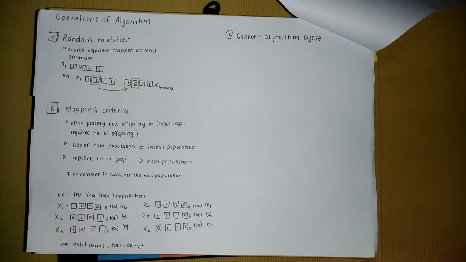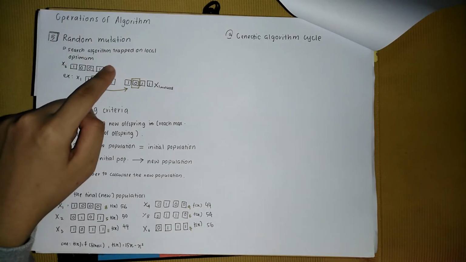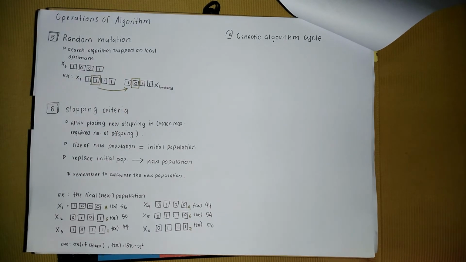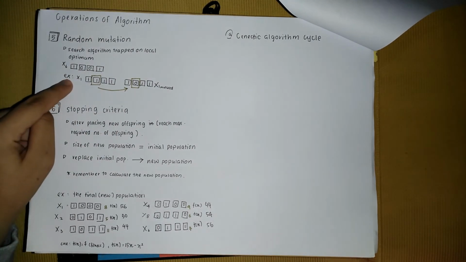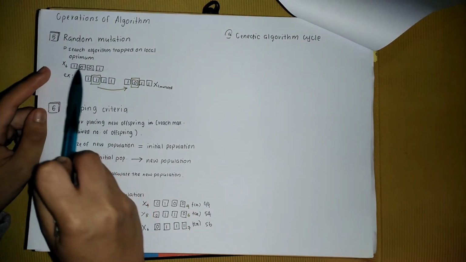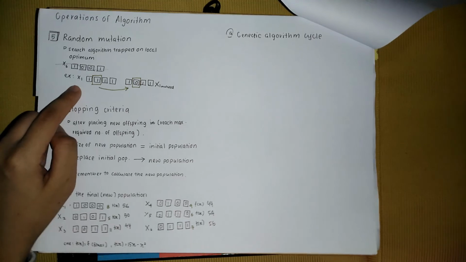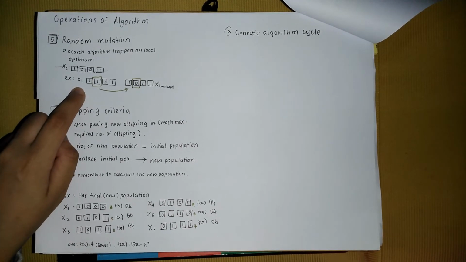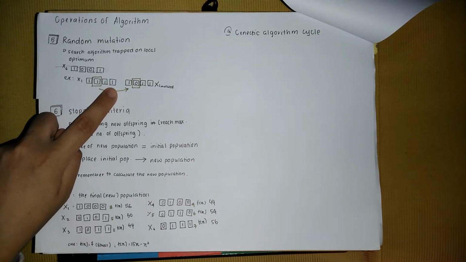The fifth operation is a random mutation, which is to ensure that the search algorithm will not be trapped on local optimum. So, here, for example, X1 chromosome with a binary code or chromosome string 1111.